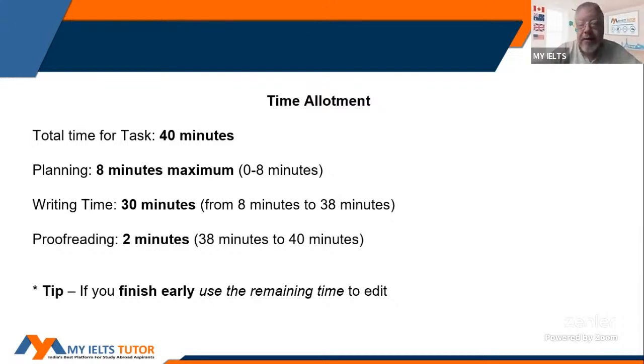Now, the tip is, it's possible to finish early in writing. If you finish early, so let's say you finish within 35 minutes, use the entire 5 minutes to edit your work, okay? Really do that, really edit your work. That way you will eliminate as many mistakes as you can.